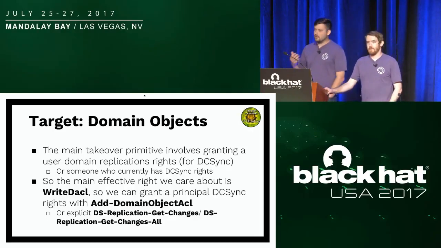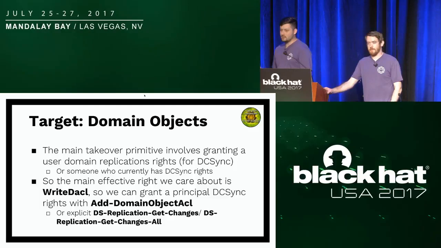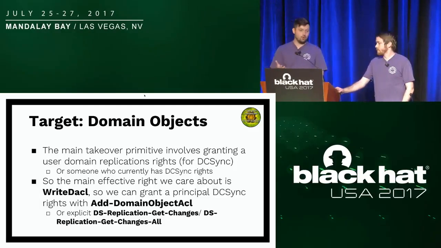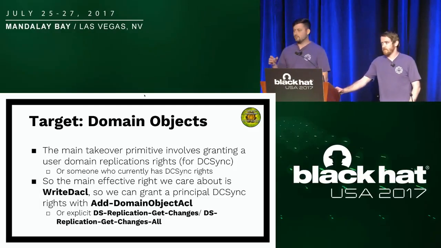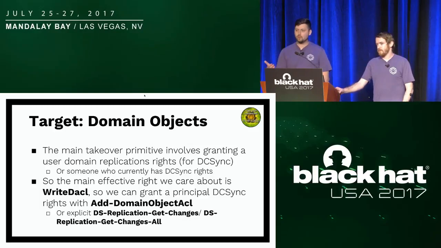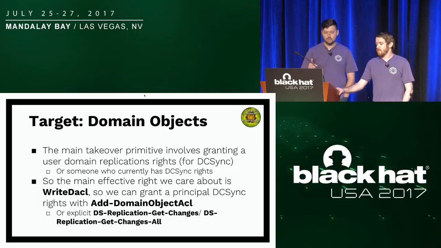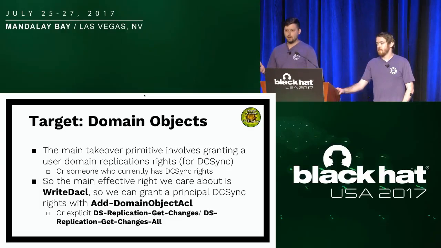Next, every Active Directory domain has a domain object that represents the domain as a whole. So the domain object itself, if you have full control or if you have DS-Replication-Get-Changes and DS-Replication-Get-Changes-All, then without any other kind of privilege, you can DCSync. So let me say that one more time.